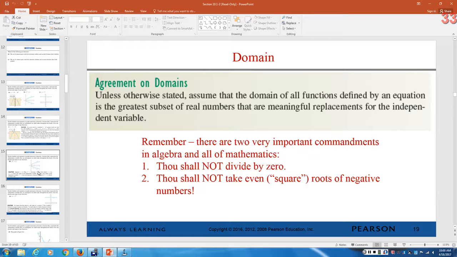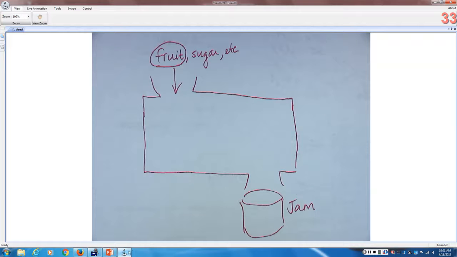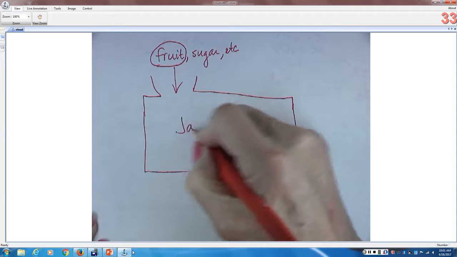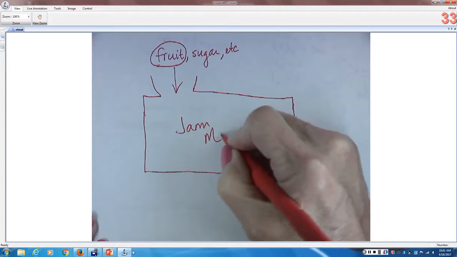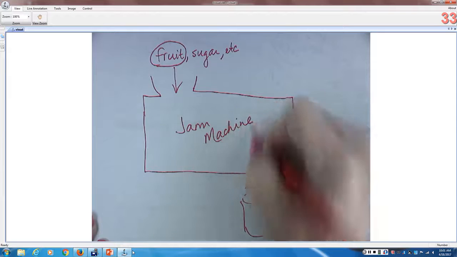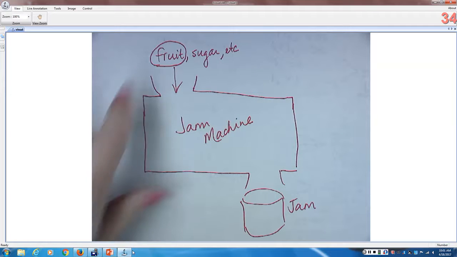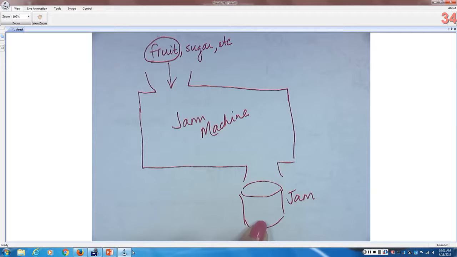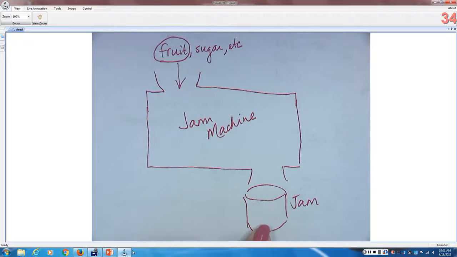These other things are part of the machine. The main thing you're going to drop in is the fruit. So I drop in the fruit and it squirts out the jam into my jars, and I can seal them up and have them all winter long on my biscuits and toast, right?